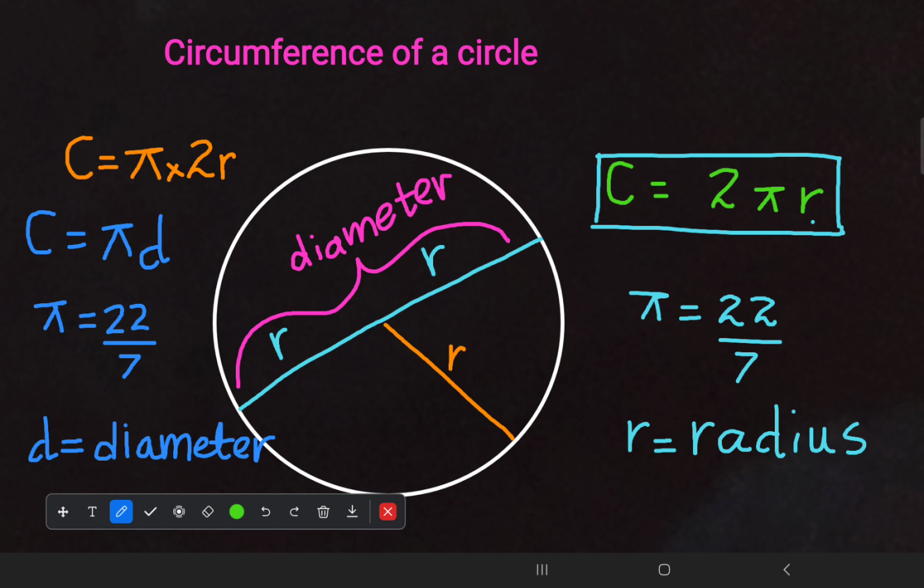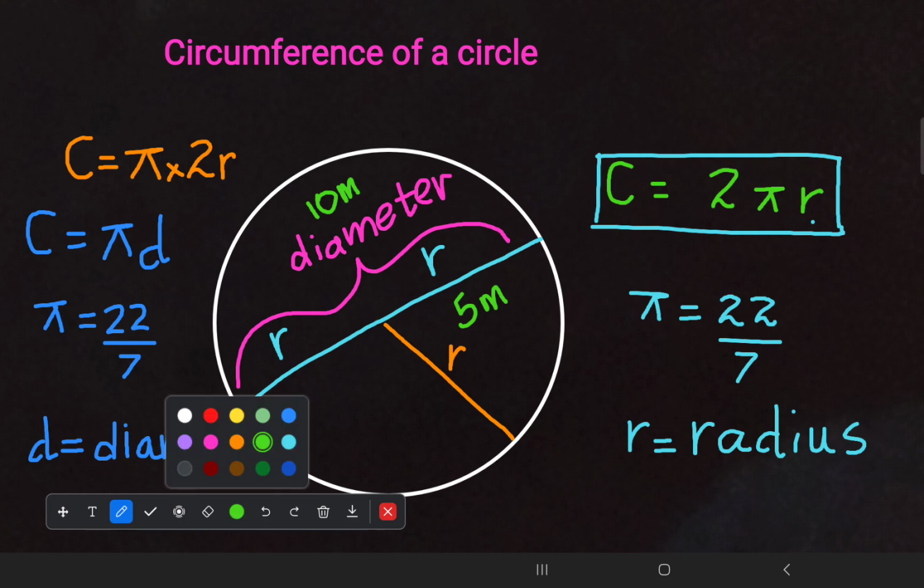If they give the diameter of the circle, you should use pi d instead of 2 pi r. For example, if they give the diameter as 10 meters, the radius should be half of 10, so it would be 5 meters. When we deal with some questions, you will understand what I am talking about.